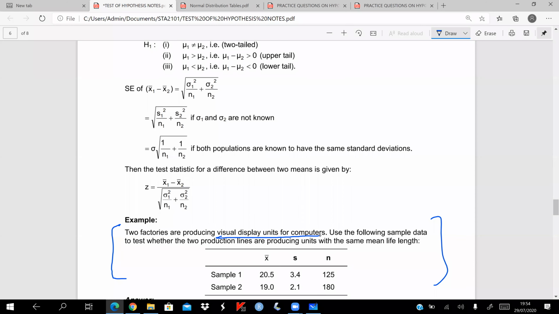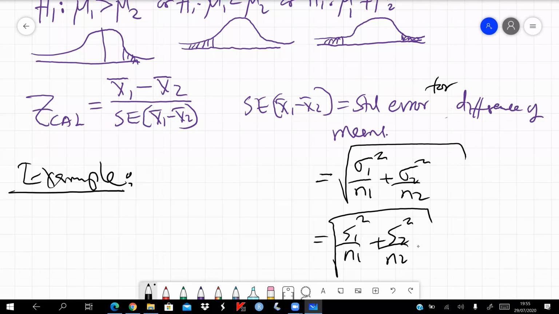And we are told to use the following sample data to test whether the two production lines are producing units with the same mean life length. That information can be summarized here.